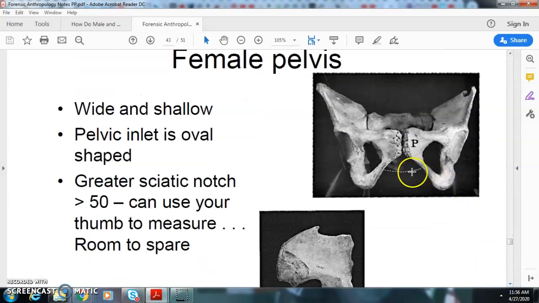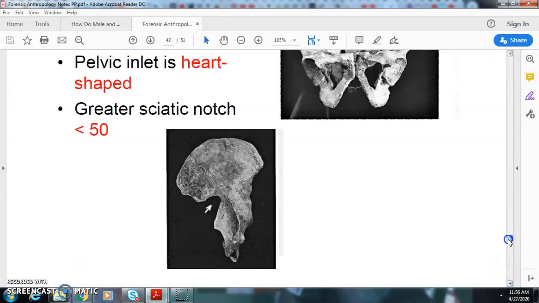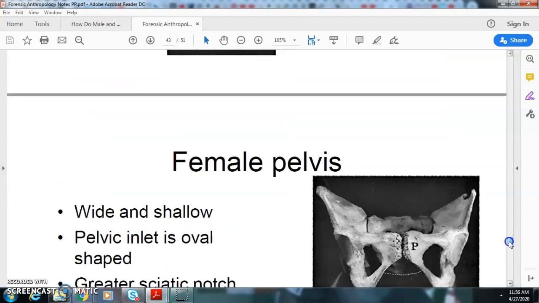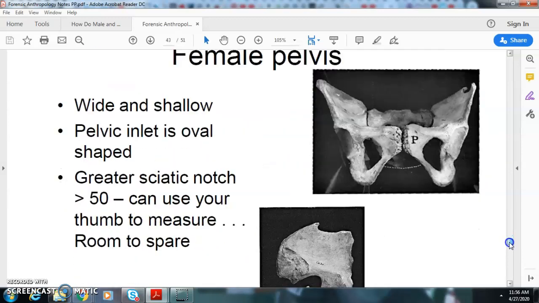Female pelvis, notice the width here, very different. It's built to give birth. Your sciatic notch is greater than 50 degrees. Plenty of room. Now go back and compare the two. Look at that versus that. Big difference.